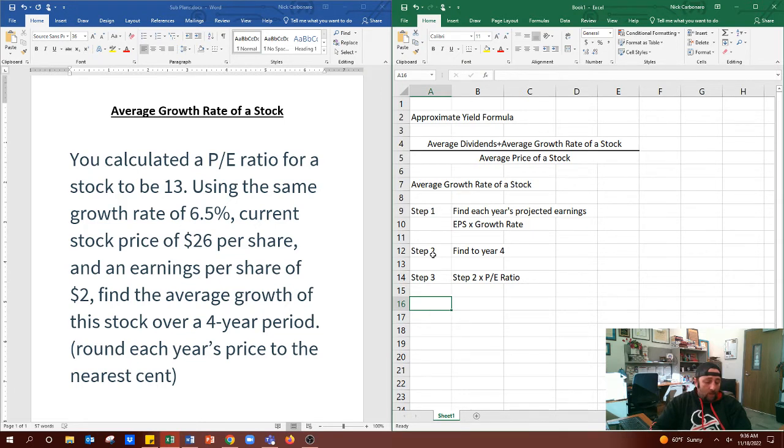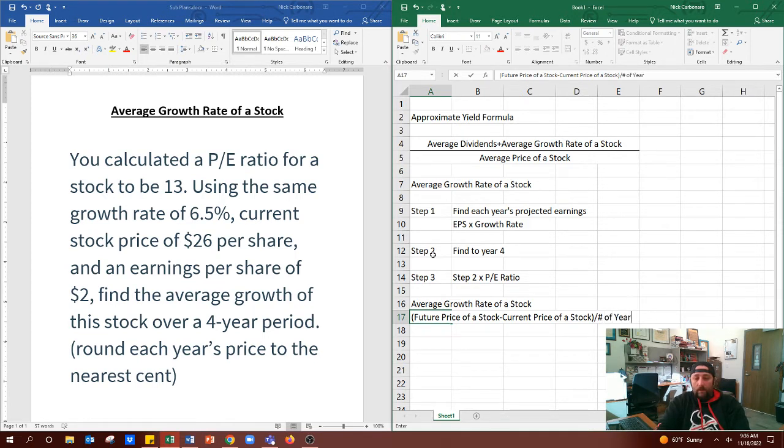Now you plug this into the average growth rate of a stock formula. Average growth rate of a stock is equal to the future price of a stock minus the current price of a stock, and that is all divided by the number of years.